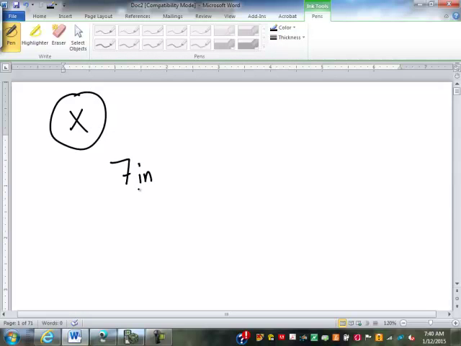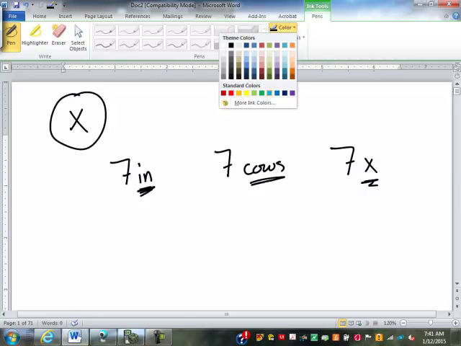If I have 7 inches, the name there is the inches, the label. Or if I have 7 cows, again, cows is the name or the label. 7x, the x behaves exactly the same way.